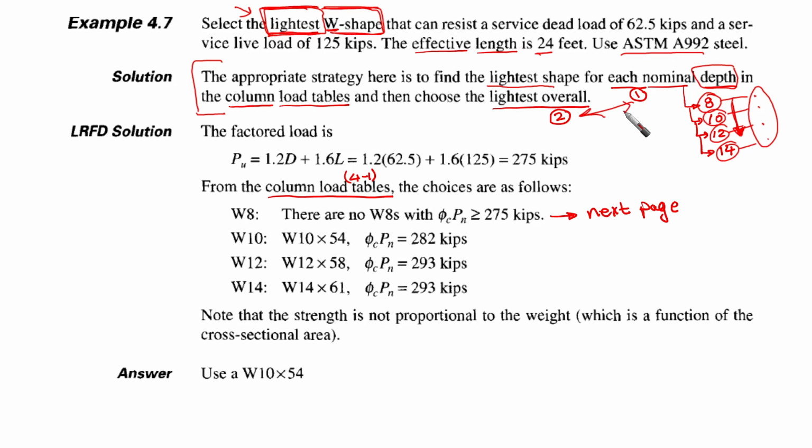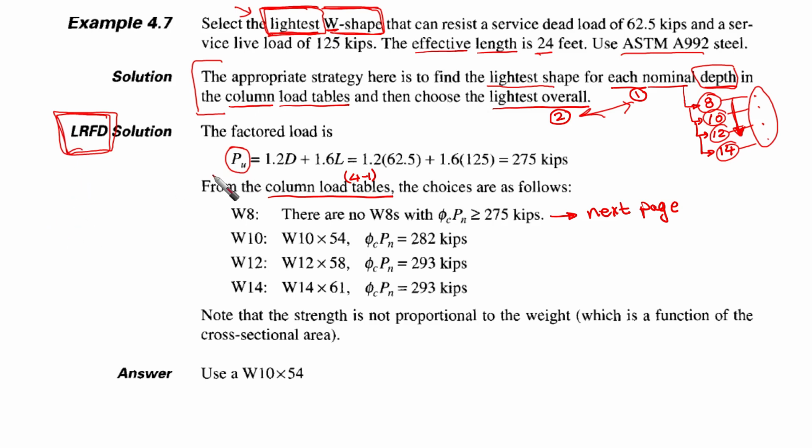Now let's put our example in a way that we can solve it. First of all, we have the service live load and dead load, so we have the ultimate load. If we're talking about LRFD, we're going to design first based on LRFD.